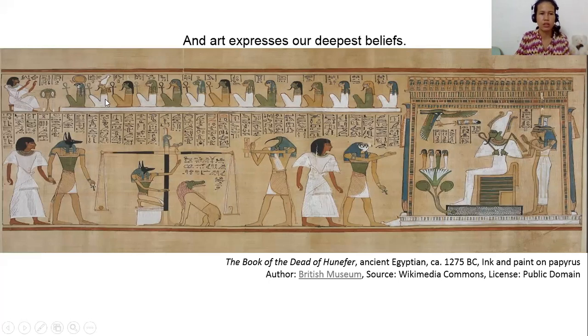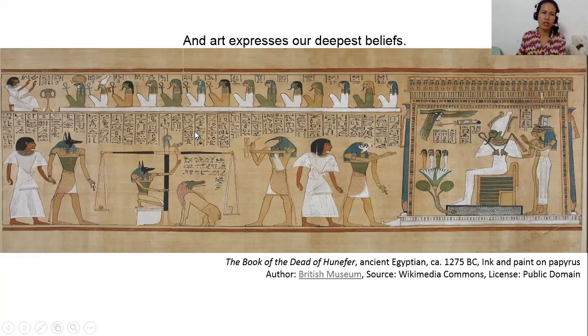This artwork of Hanifer is painted on a papyrus. What is papyrus? A kind of leaf that is usually planted or seen near the Nile River. Here you can see what will happen to Hanifer after he dies. Will he be received in the afterlife or not?